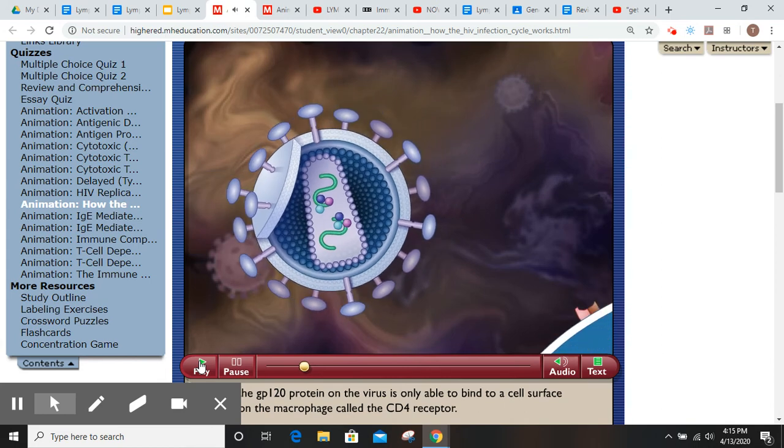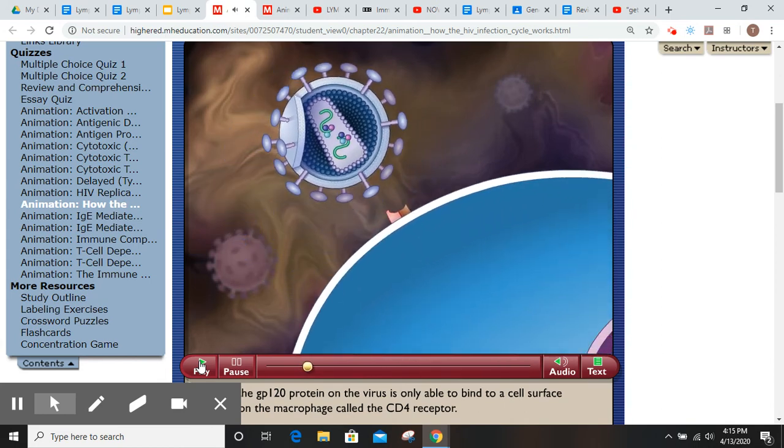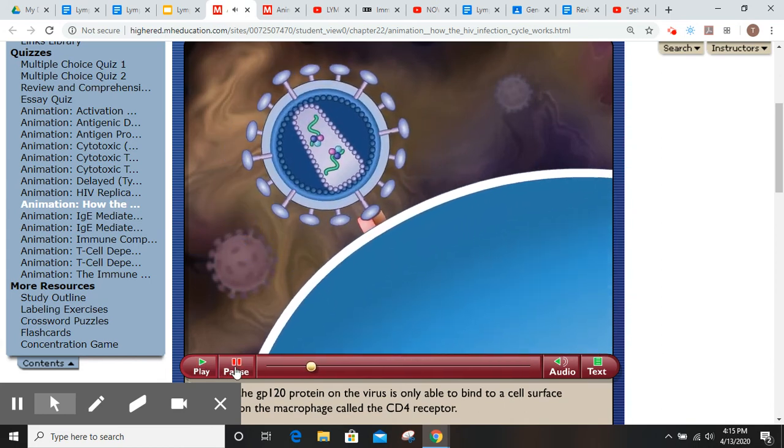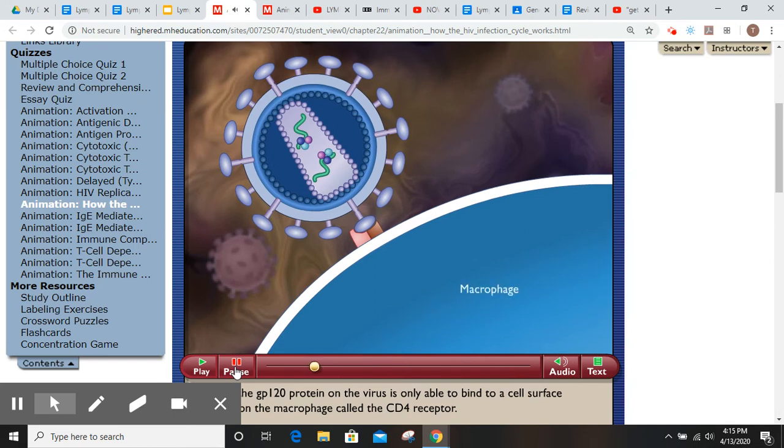Initially, the GP120 protein on the virus is only able to bind to a cell surface protein on the macrophage called the CD4 receptor. Now, again, a virus doesn't necessarily infect or embed itself into every single cell of our body.